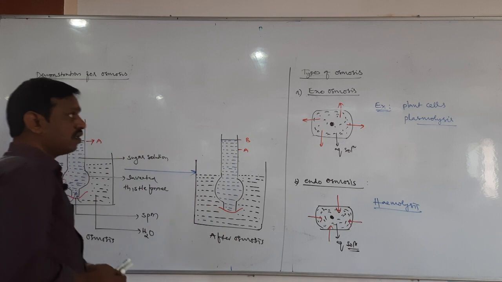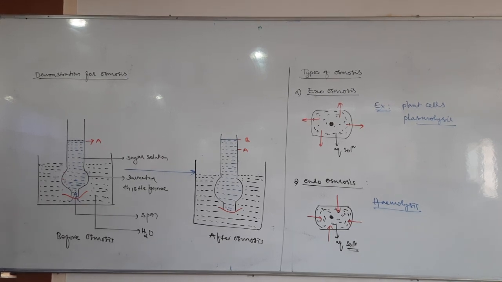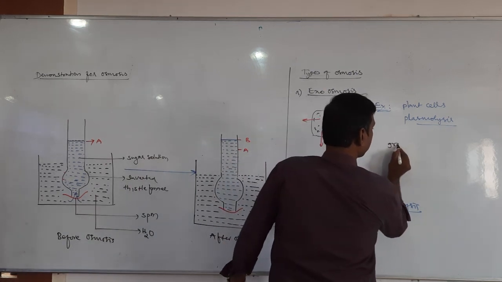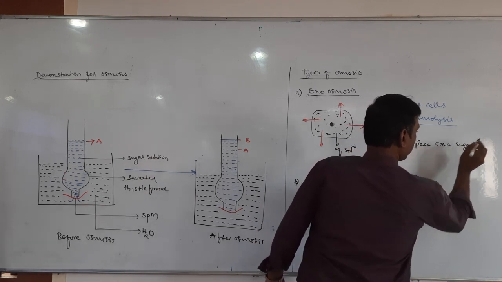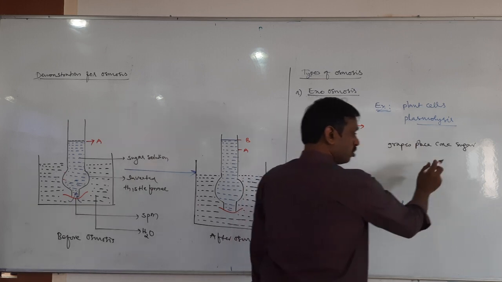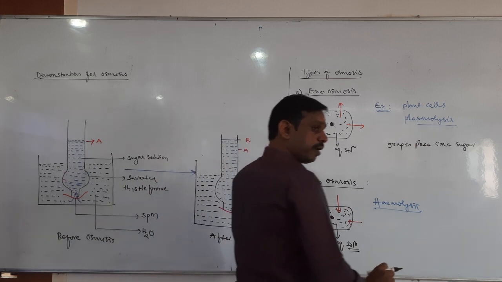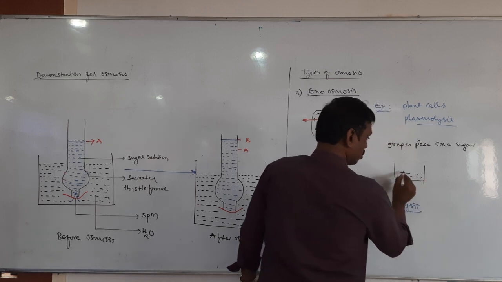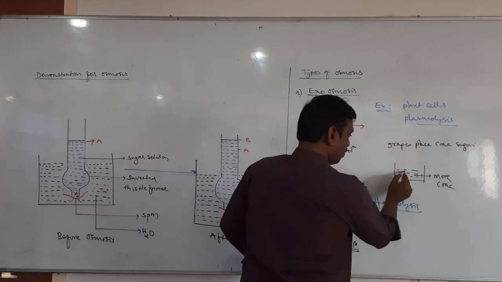Write down. Exoosmosis. An example for exoosmosis: grapes placed in concentrated sugar solution. Tell me, when the grapes are placed in concentrated sugar solution, do they shrink or swell? They shrink. Why? Because it is a beaker containing more concentrated solution, and in that, grapes are placed.